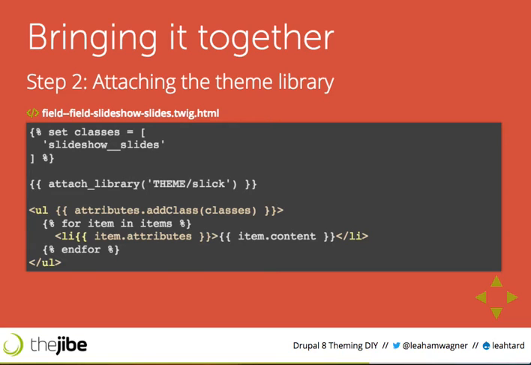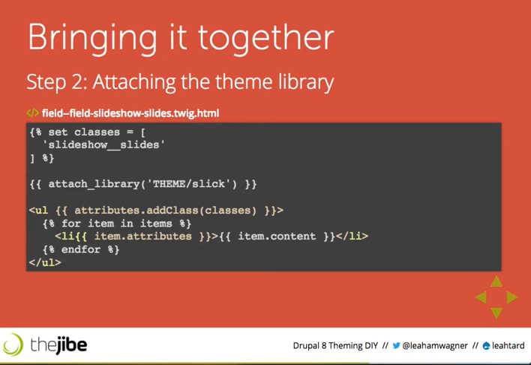And an alternative question is, is it a big deal if this library just gets loaded everywhere? Can we just make it a global library? On a small site with low traffic, with one library, it's probably not a big deal. On bigger sites, you can have upwards of 6, 7, or who knows how many external JavaScript libraries doing some fancy stuff, and that's something you definitely don't want loading on every page.